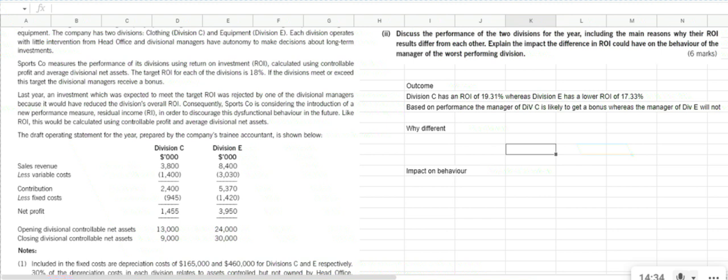So why is this outcome different? First of all, division E has recently invested.